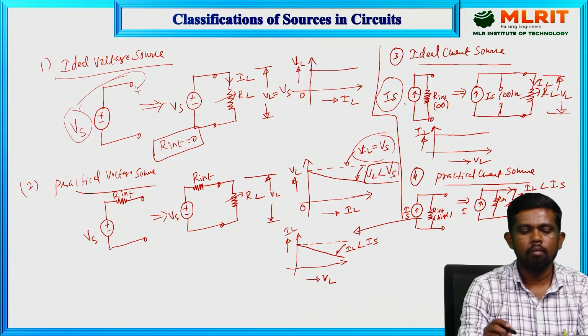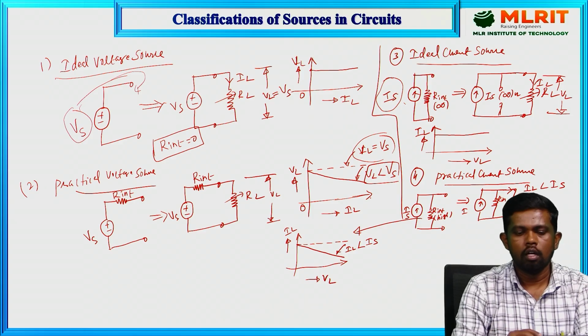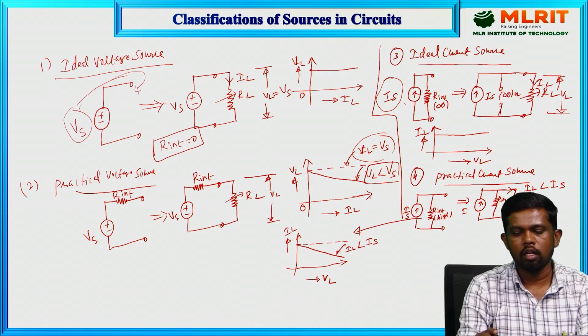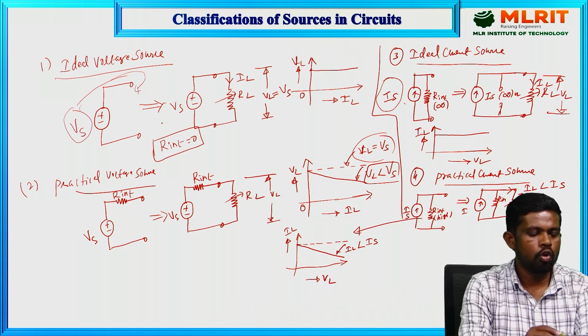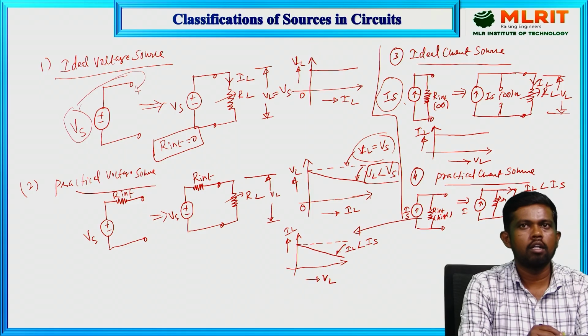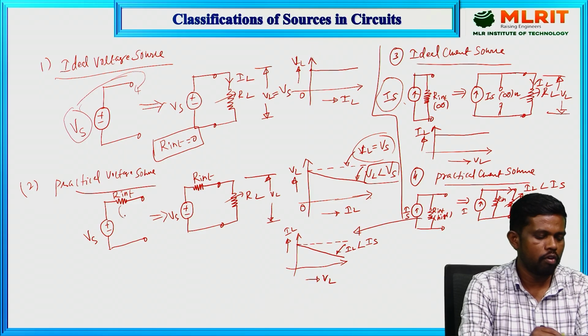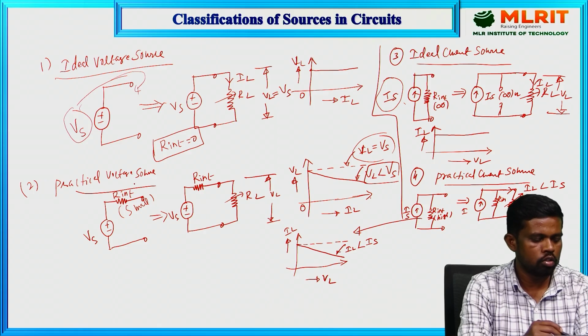So these are the 4 types of energy sources: the ideal voltage source, practical voltage source, ideal current source, and practical current source. From this we conclude that the ideal voltage source has 0 internal resistance, and the practical voltage source has a small value of internal resistance in series with the source.